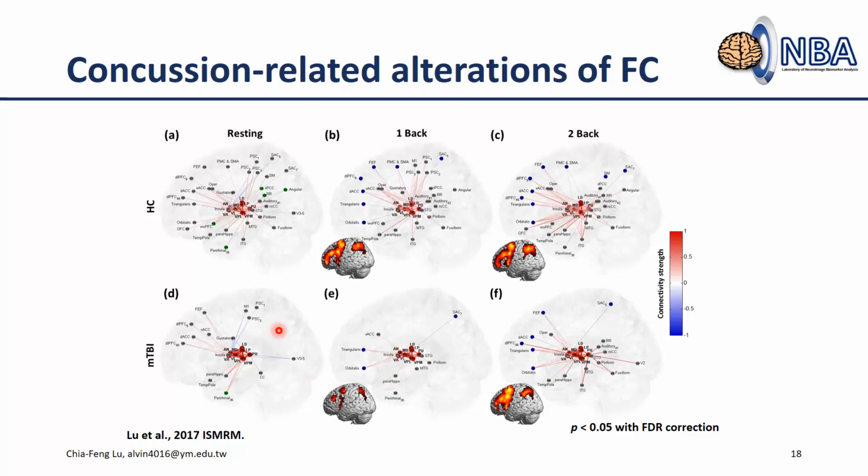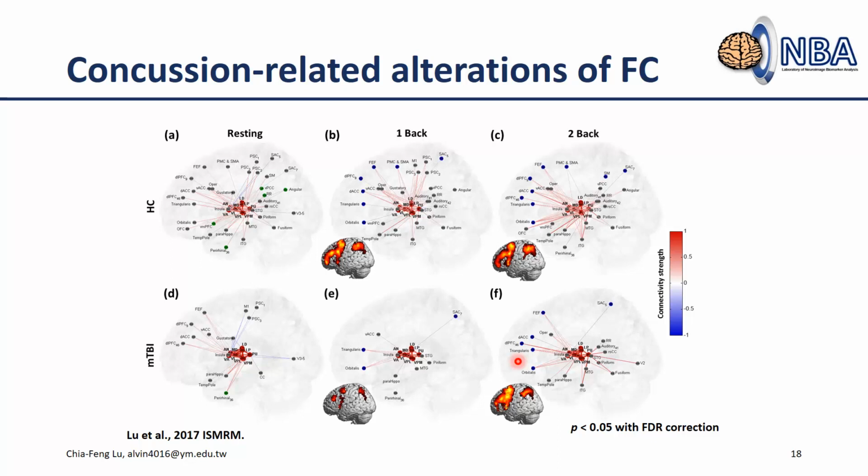But actually, when you use the functional connectivity analysis right here, it's very easy for you to compare the upper row and the lower row. You can see the connections in healthy controls are pretty substantial. There are many connections between brain regions. But for a mild traumatic brain injury patient, the connection becomes pretty low or vanished, disappeared.